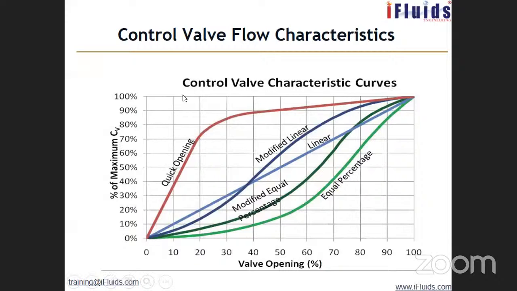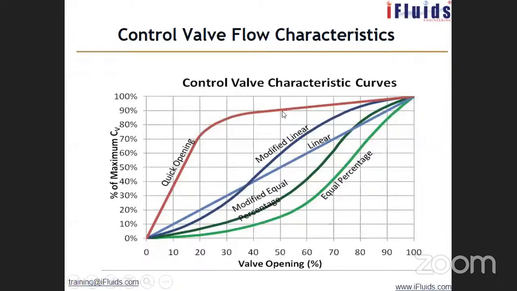This is the control valve characteristic curves, and this is the flow coefficient 0 to 100%, the valve opening from 0 to 100%. You see linear, as I said, is a straightforward relationship. 50% opening means you have 50% flow. You can very easily say, 70% means 70% flow rate. Whereas quick opening, what happens? Immediately after opening, it allows more flow.